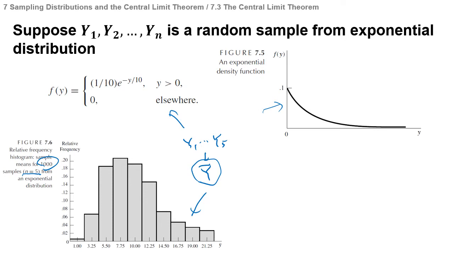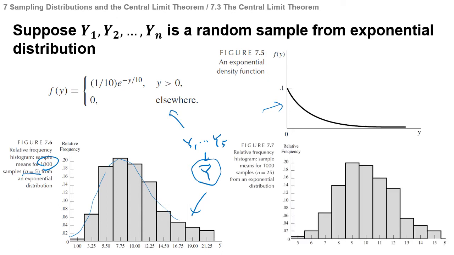The distribution of Y bar looks a little bit normal, and this is when the sample size n equals 5. If we increase n to 25, it means we randomly sample 25 values, Y1 to Y25, and calculate Y bar from those 25 samples.